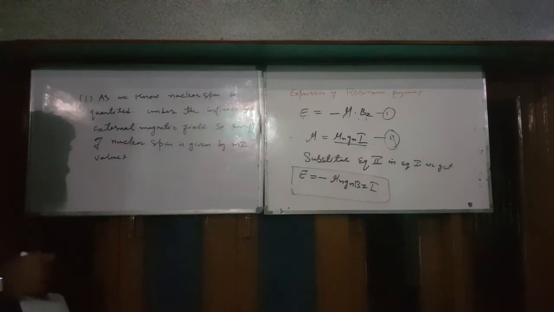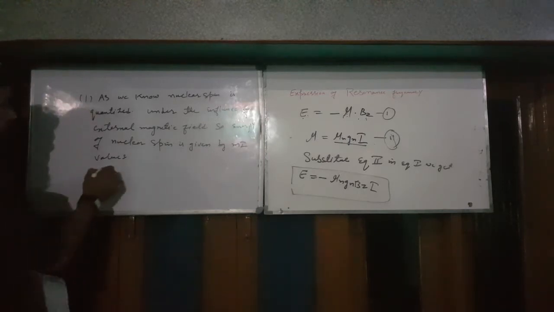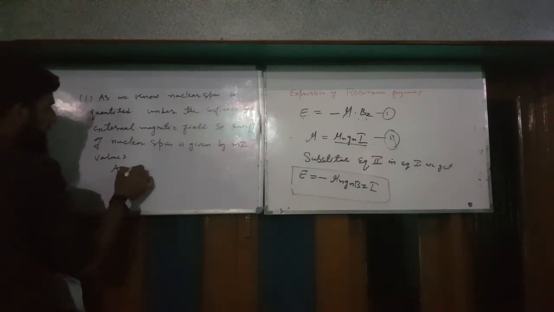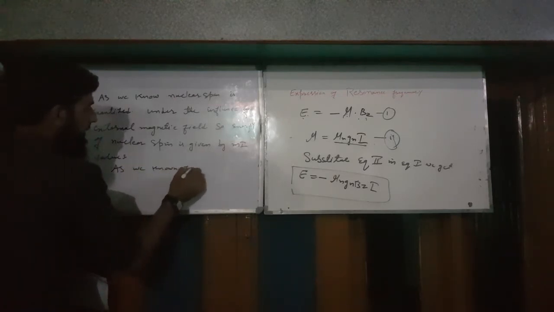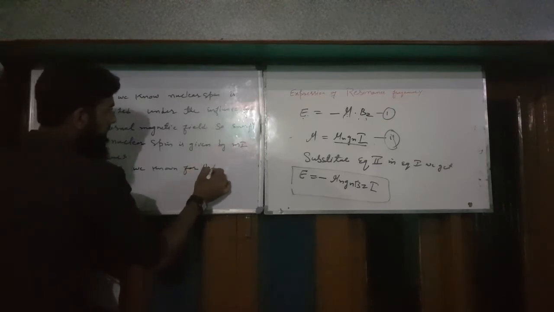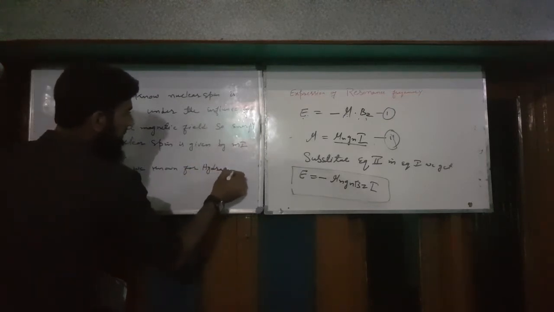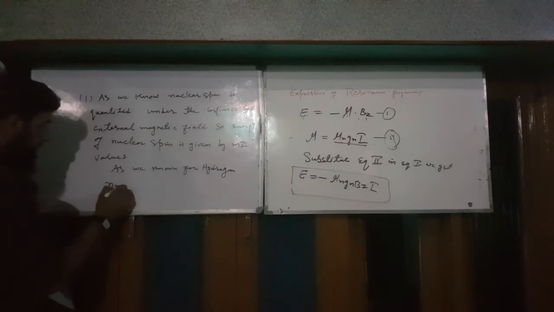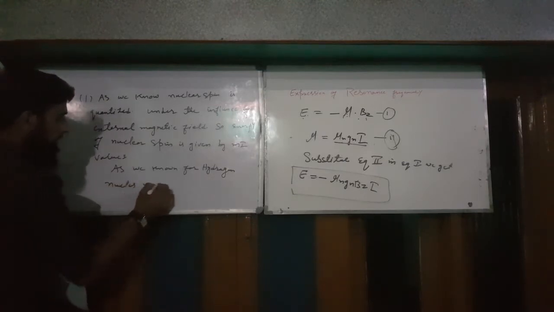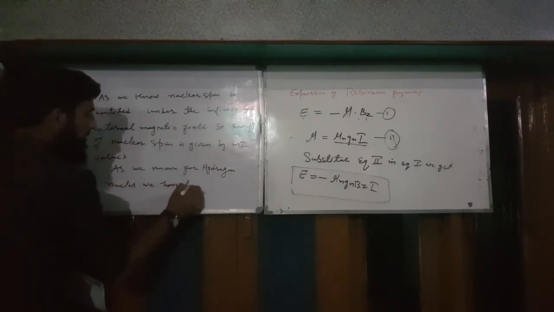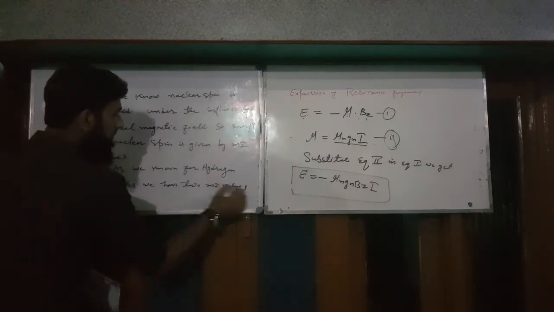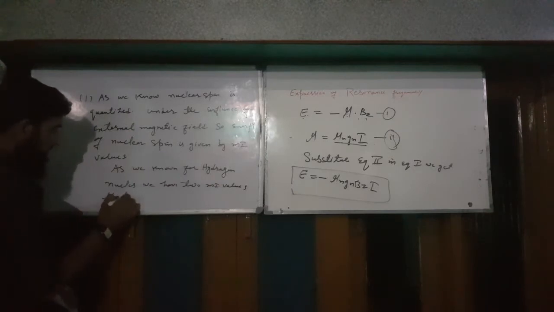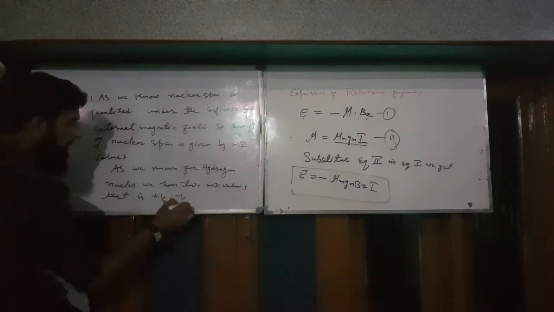As we know, for our hydrogen nucleus we have two Mi values, that is plus 1 by 2, minus 1 by 2.